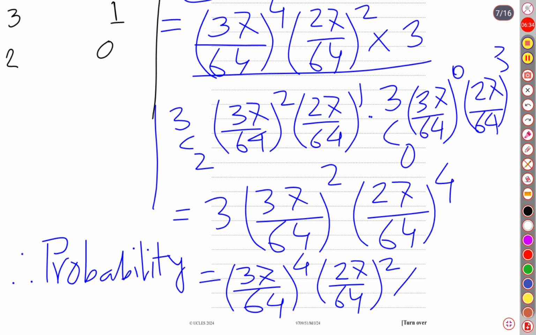Let me write this 3 in the beginning. Let me erase some parts so that I can write well.